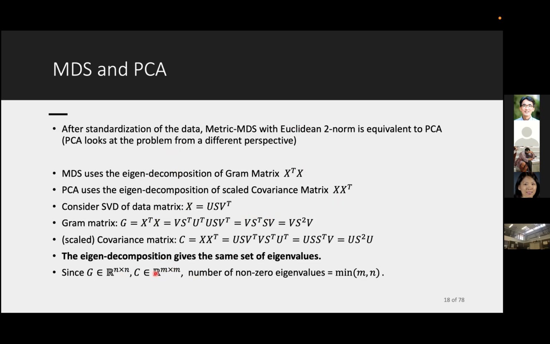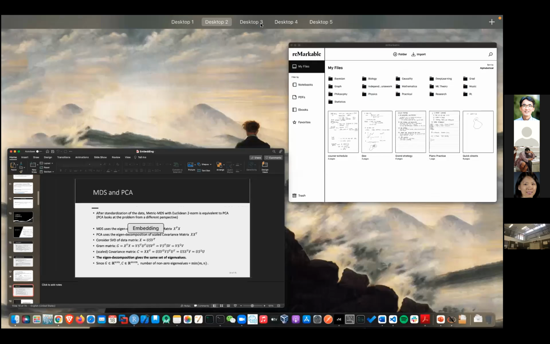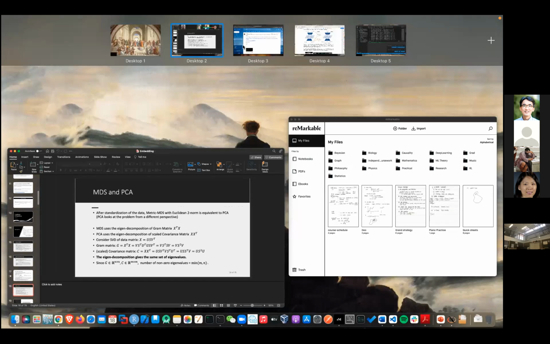And of course, we need to look at the dimensions. The gram matrix is n by n and the covariance matrix is m by m. So the number of non-zero eigenvalues ends up being the minimum of these two. I want to make this point even clearer, so I actually want to show you a code demo for this topic.